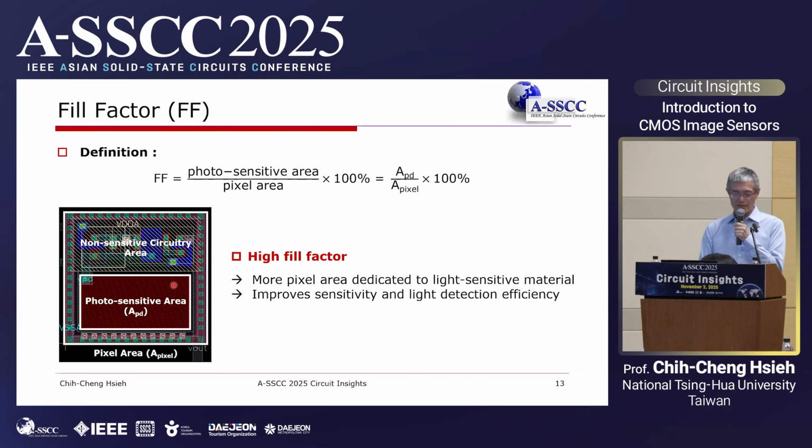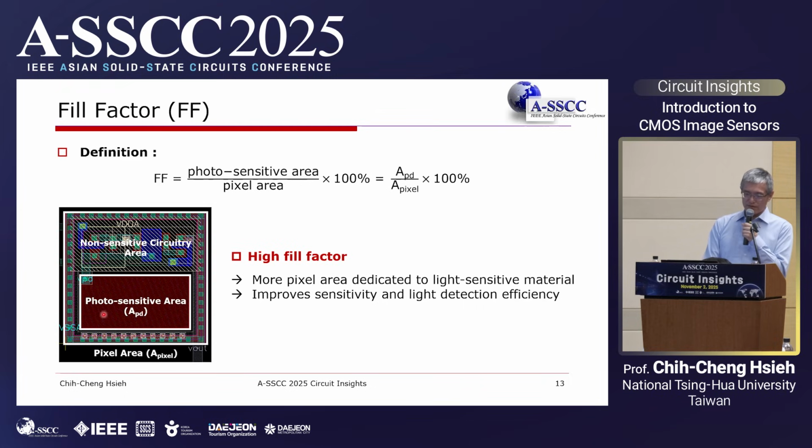As an example here, assume the pixel size is square in white, and then we need some area to do the circuit implementation. And the rest area can do the photosensitive.